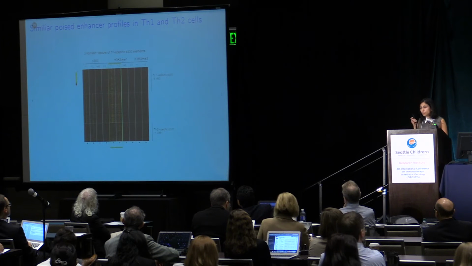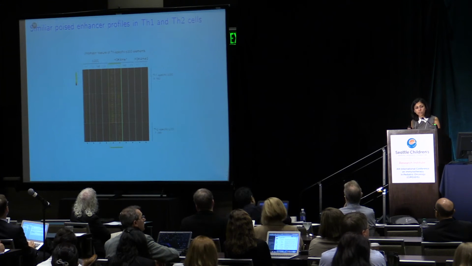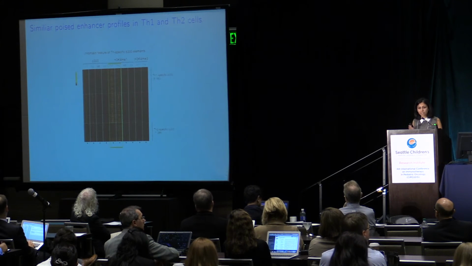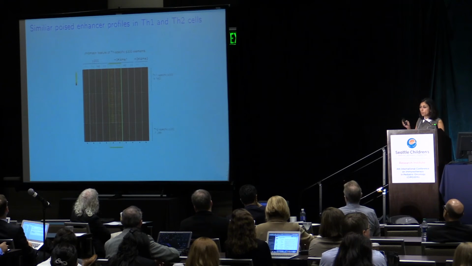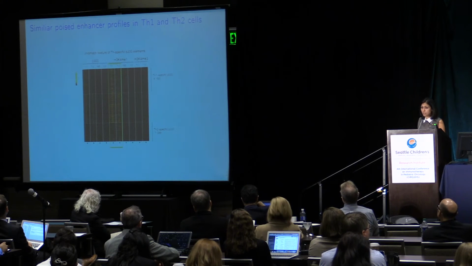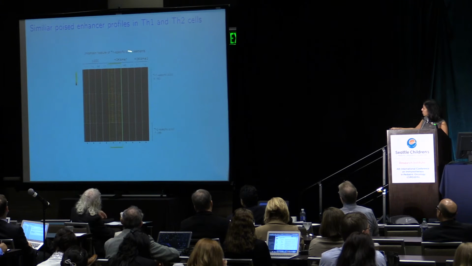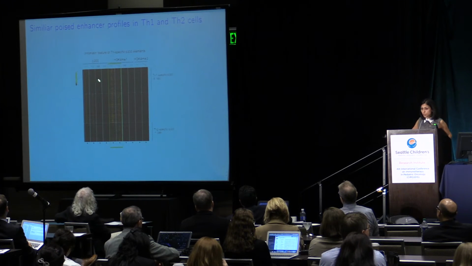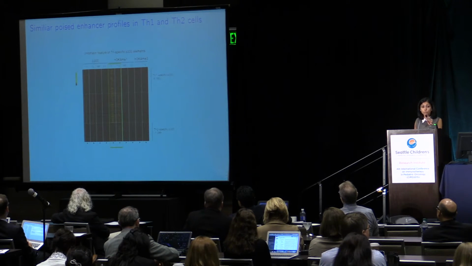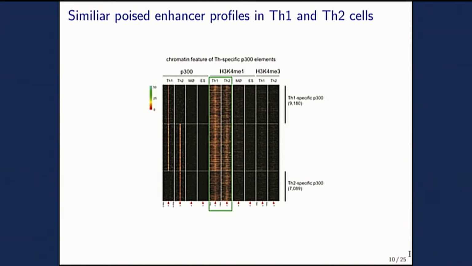So what I showed you about the P300 binding is, again, representative of active enhancer elements. But we also looked at another enhancer mark, which is H3K4 monomethylation, which is an indicator of poised enhancer elements. And again, it was interesting to see that the poised enhancer landscapes of Th1 and Th2 cells were quite similar.